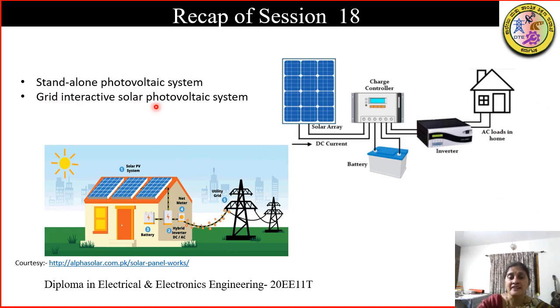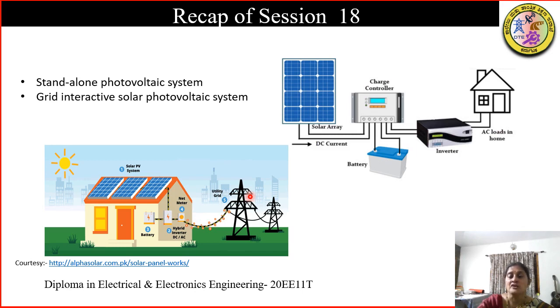In a grid interactive solar photovoltaic system, there's a two-way interaction between the consumer and the grid. The consumer generates electrical power using solar PV system. He uses it to supply or meet all his needs, and whatever excess is generated, he feeds it to the grid.